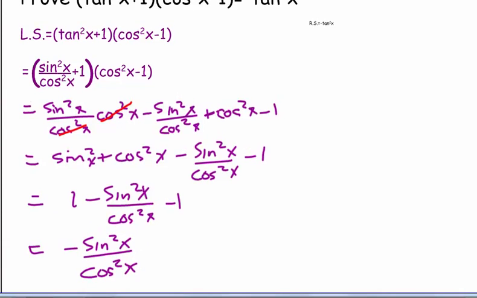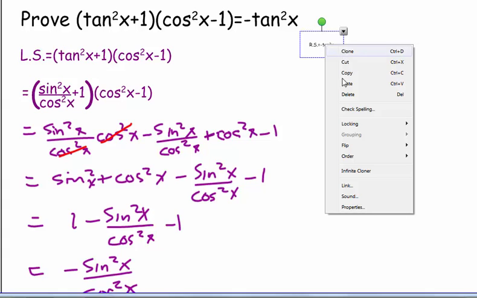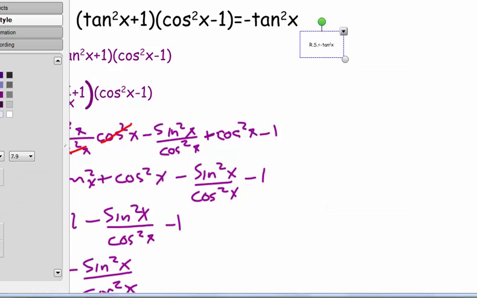Often, once I've simplified to a point where I'm pretty satisfied with what I have, what I'll normally do is refer back to the original question and see what the right side looks like. It's negative tan squared. And so negative tan squared here. That wasn't very effective.